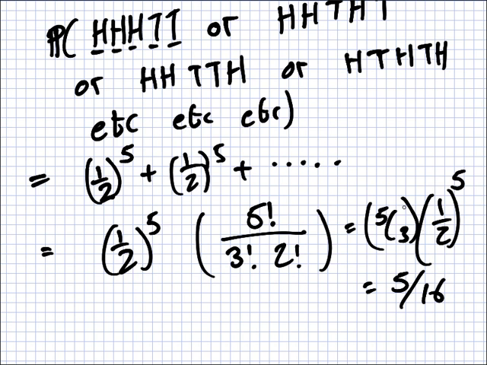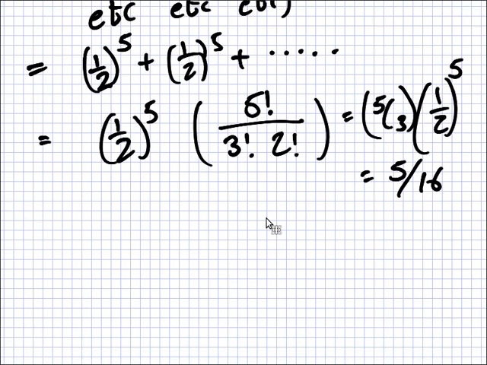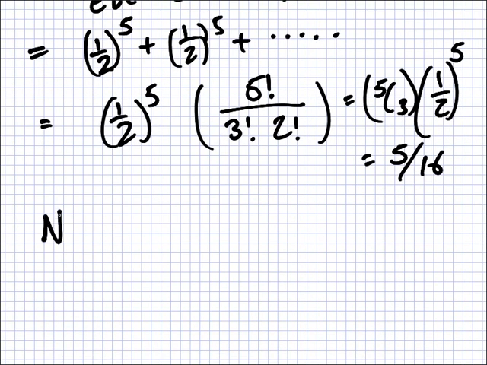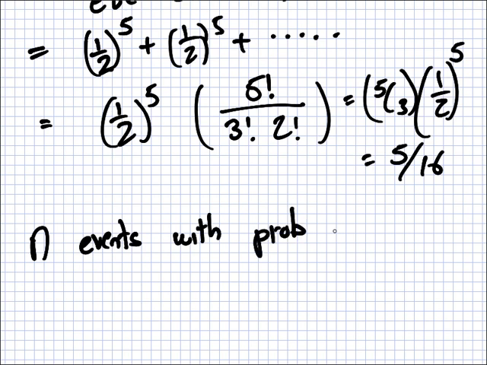So let's put down the formula. You have n events with probability P of success.